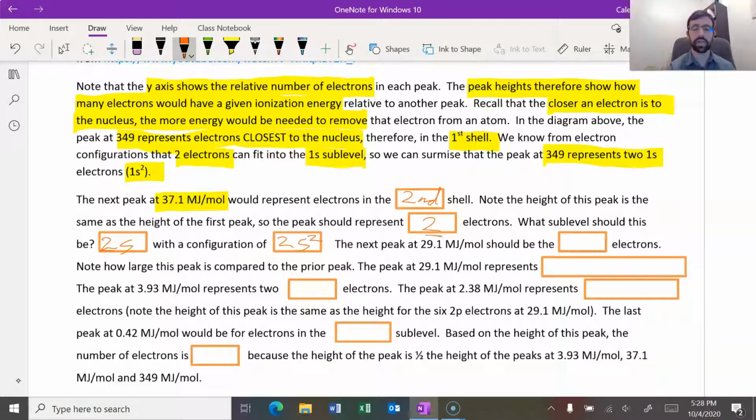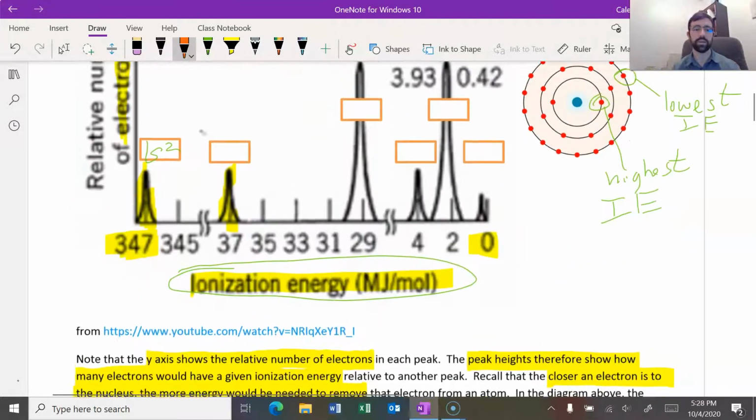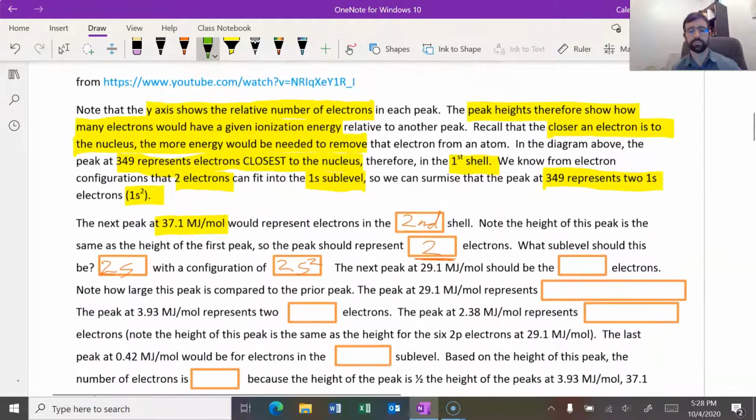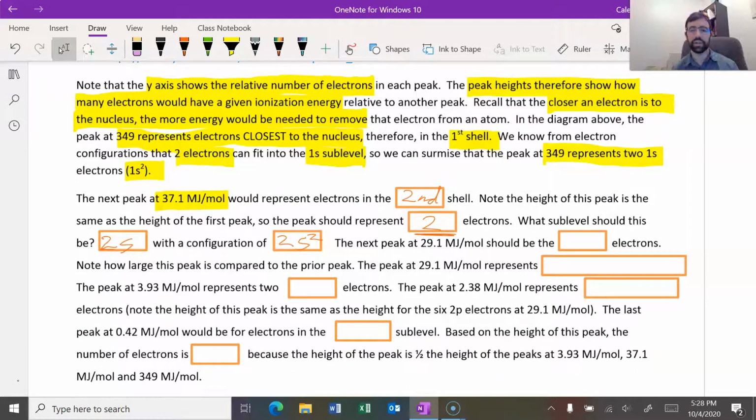We just said 2 electrons right here, so 2s2. Let's write that in up here. 2s2. Continuing on. The next peak at 29.1 megajoules per mole should be the 2p electrons because that follows the 2s.